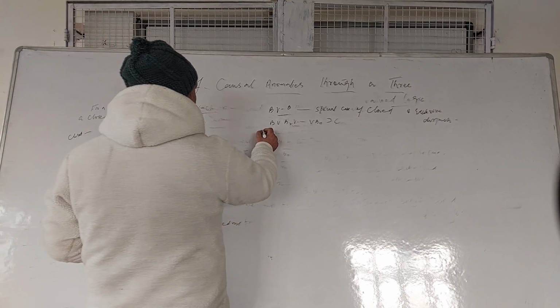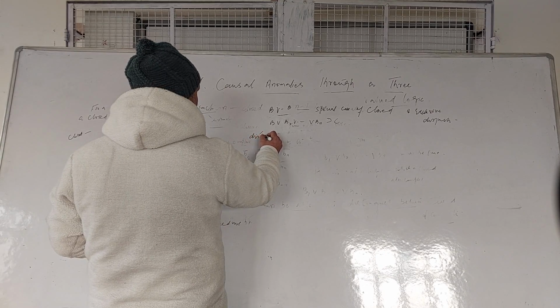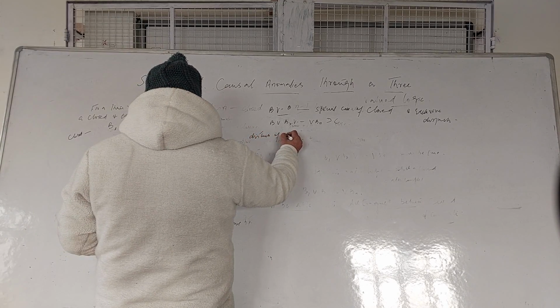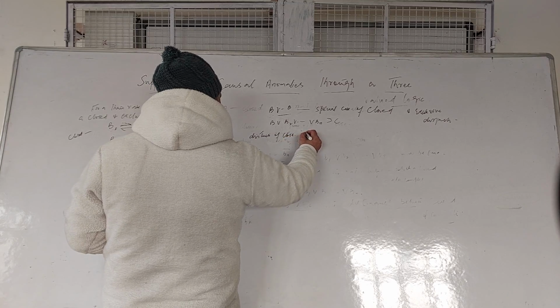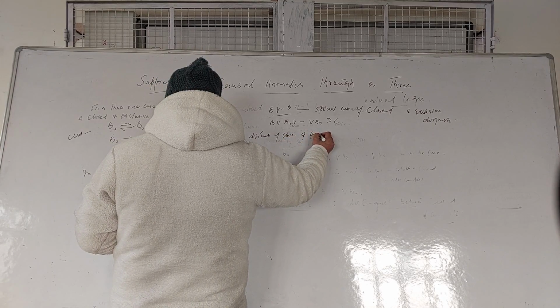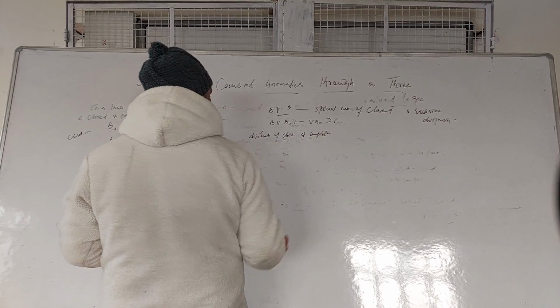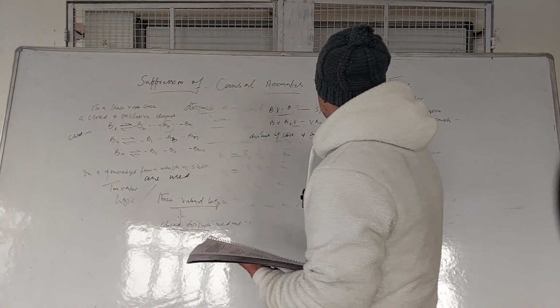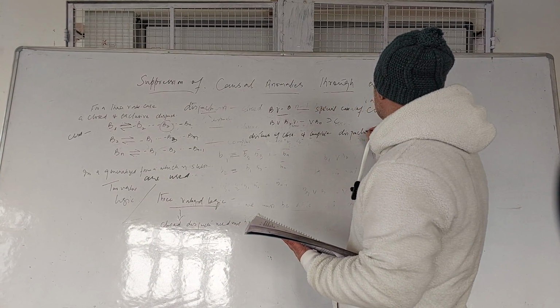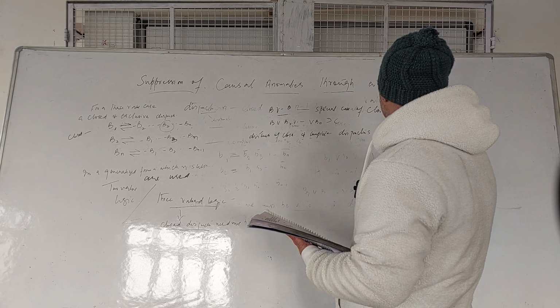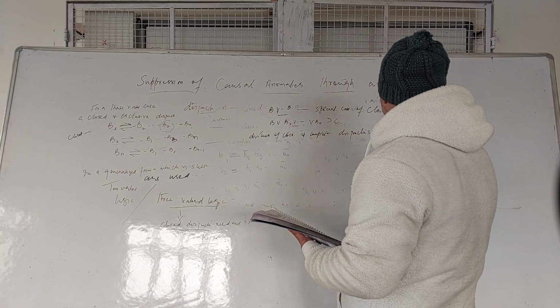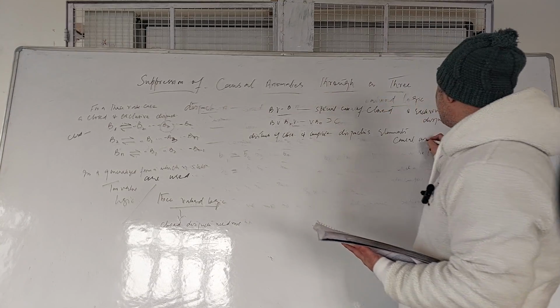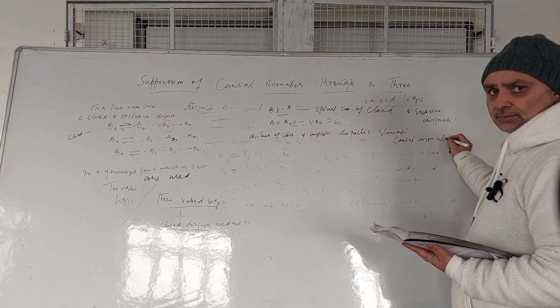So the distinction of closed and complete disjunction eliminates causal anomalies.